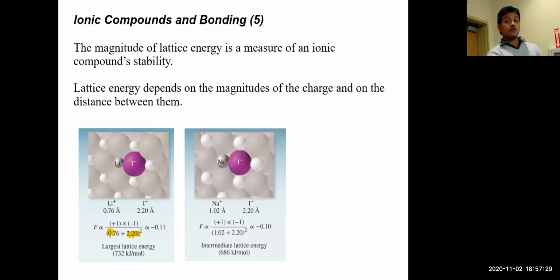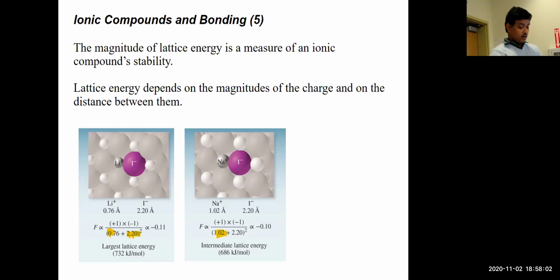Let's calculate for sodium iodide. Why? Because we are trying to do a study between elements from the same group with the same other element. Lithium and sodium are from the same group 1, but iodine is a single element, so we're using it as a study. The only difference between sodium and lithium is the ionic radius. The ionic radius of sodium, because it is a larger element, is larger than the ionic radius of lithium.